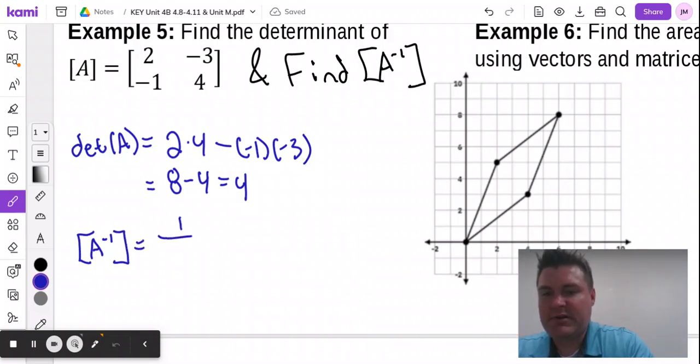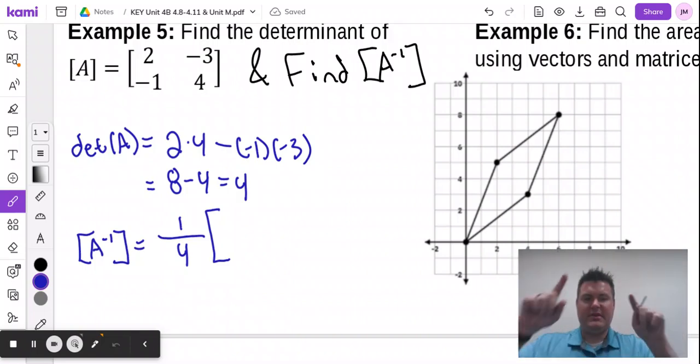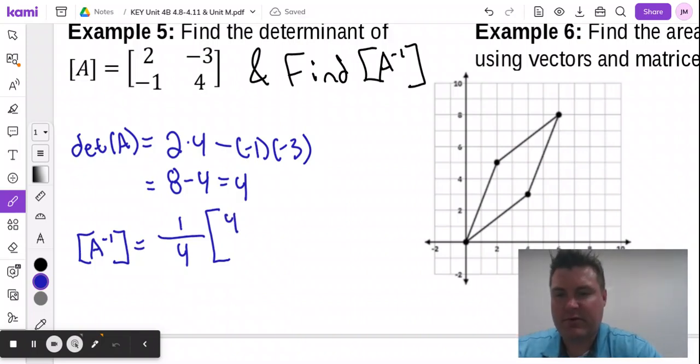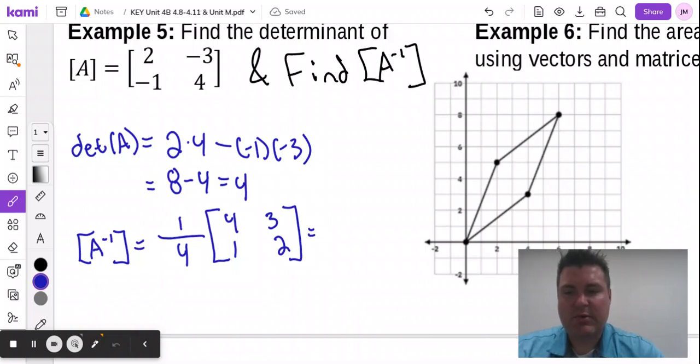Okay, so to find the inverse, it's going to be 1 over the determinant, so it's 1 over 4. And then we swap the top left, bottom right. So it's going to turn into a 4 there, 2 there, and then we negate these. That's it. And let's go ahead and distribute that 1/4 in there.